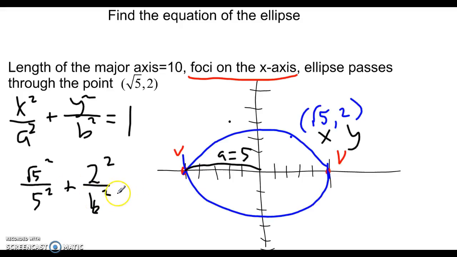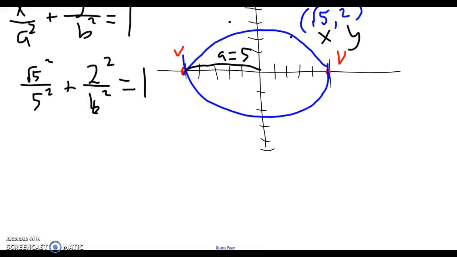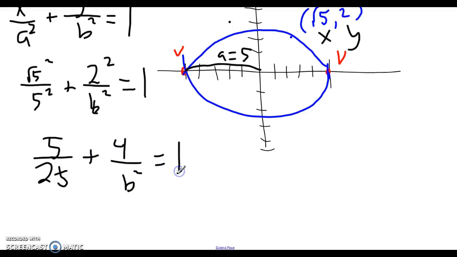Okay, so now equals 1. Now it's just a matter of solving this equation. It's going to take a little bit of work. But we have 5 over 25 plus 4 over b squared equals 1.